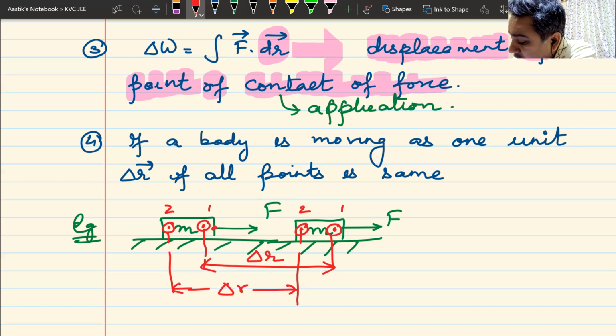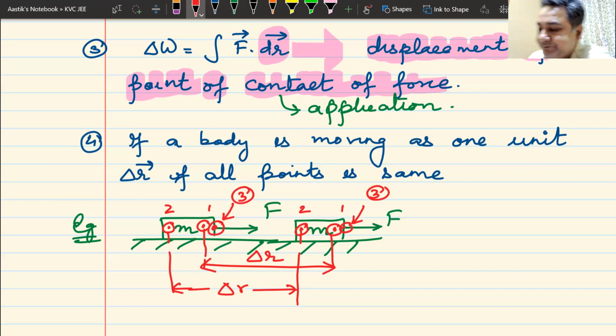Now, if we look at the point of application of force, this point, point number 3, is the point of application of force. How much has this point moved? The answer is very simple. It has moved by the same amount. So if point 1 has moved by delta r, point 2 has also moved by delta r, and point 3 has also moved by delta r. In this case, all points have the same displacement.